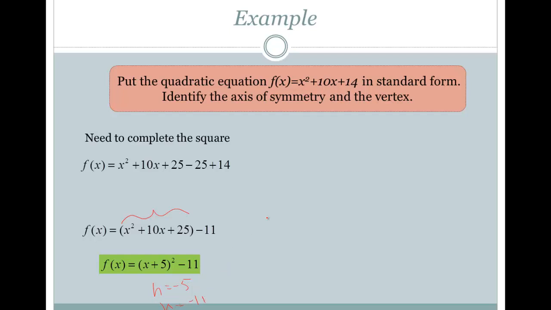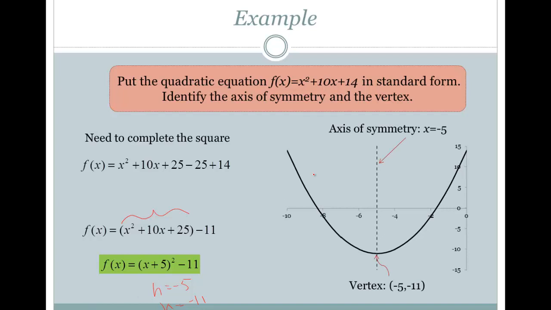So when I graph this, my vertex is at (-5, -11). It tells me my line of symmetry is the vertical line x equals negative 5. Here you have axis of symmetry x equals negative 5, vertex (-5, -11).